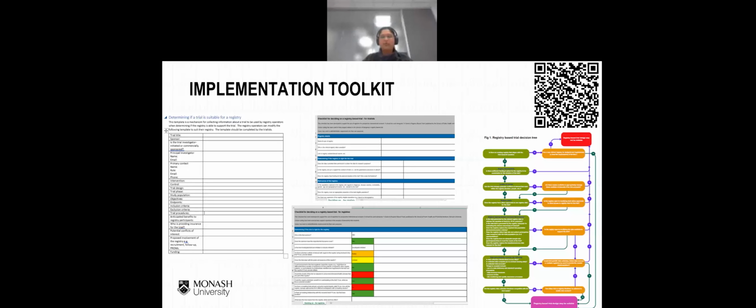We have two separate ones, which provide a color-coded assessment of the registry trial fit. More greens would mean that this methodology is suitable for the research question. And finally, we have a flow diagram or a decision tree for determining the feasibility of a registry-based trial. These toolkits are also available on the website.